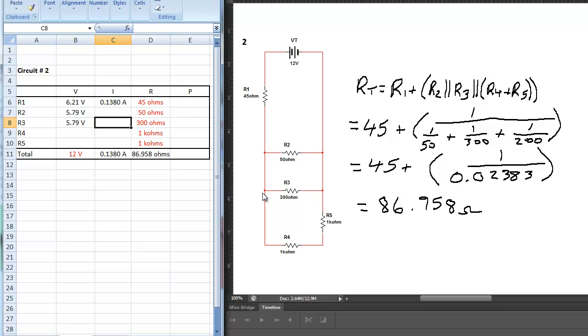So if you wiggled your voltmeter leads down, you would see that you have 5.79 volts across here and here. So you can see that these two values collectively, V4 plus V5, will equal 5.79 volts. All right, that's that series section here.